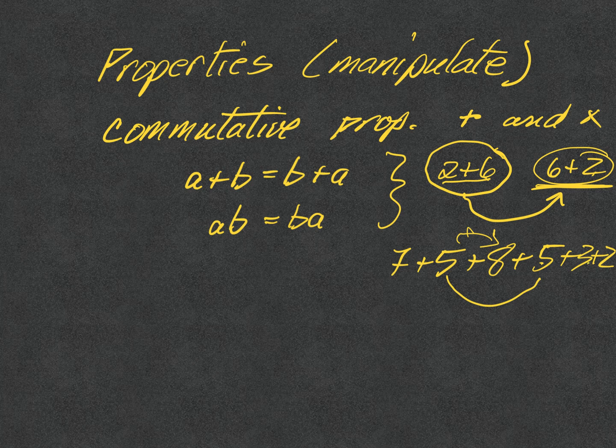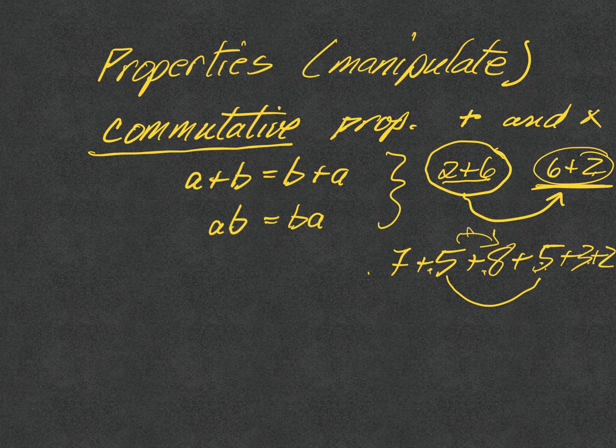And if I switch the 3 with the 5 and then switch it with the 8 and switch it with the 5, then I have 7 plus 3 is 10, right? And all this switching around and so forth, where things move to a different position, what you're doing is you are commuting the things. And you can always do it with addition and multiplication.